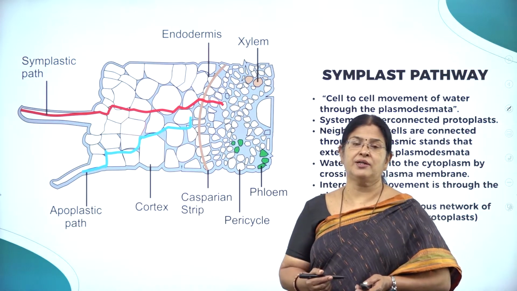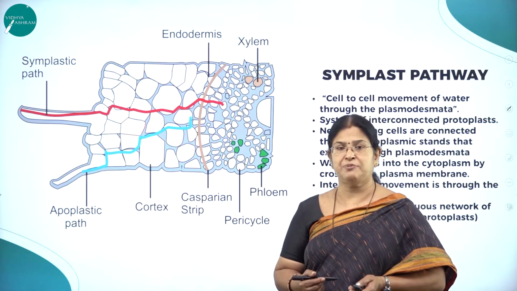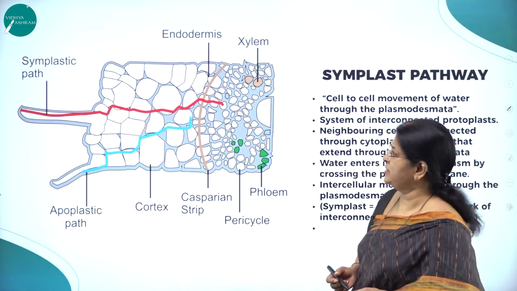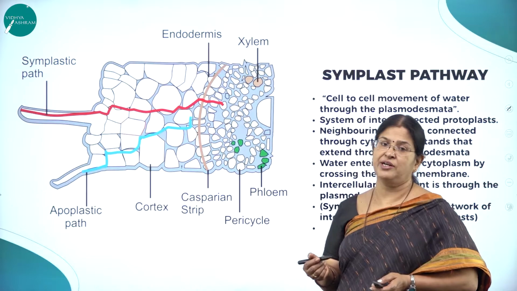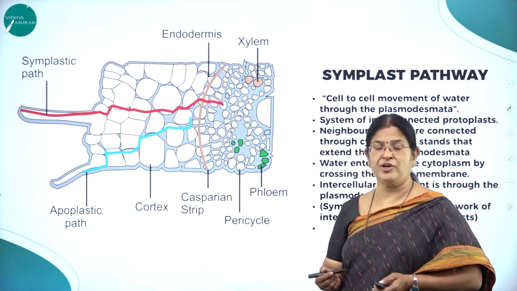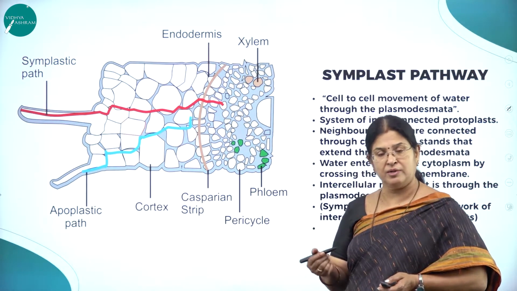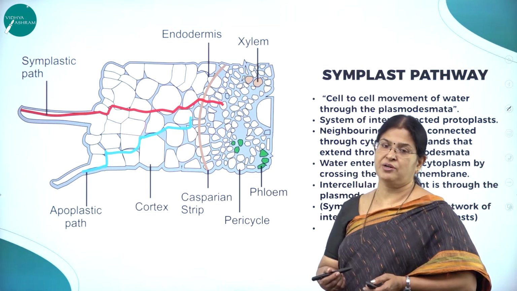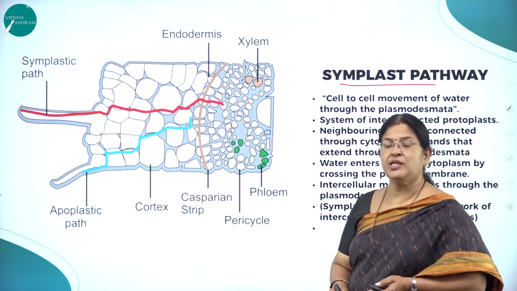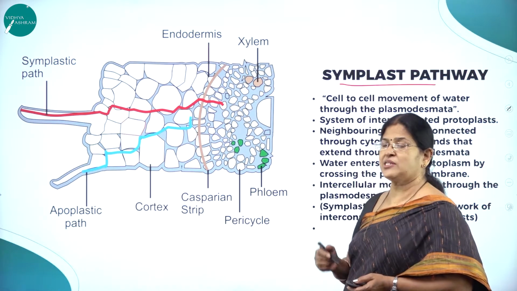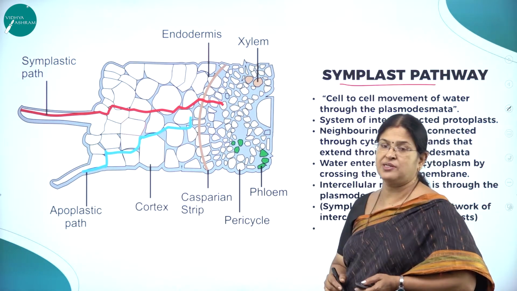Moving back to the remaining concepts of this chapter called Transport in Plants, let us understand. Hope you remember in the last class we studied about apoplast pathway for transport of organic solutes, dissolved mineral solutes, and the other pathway is called symplast pathway. Now let us understand once again what is this symplast pathway.